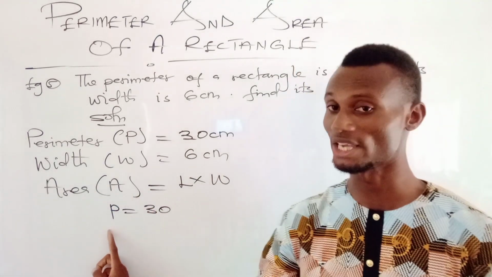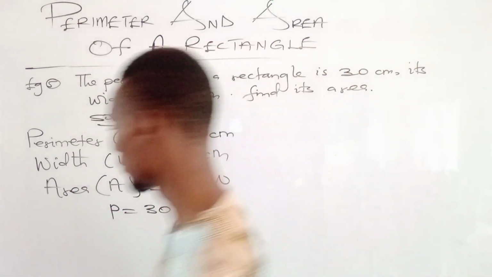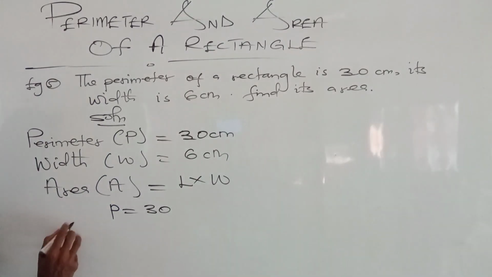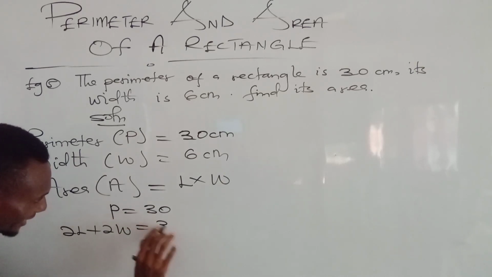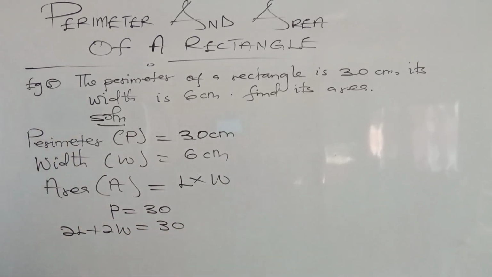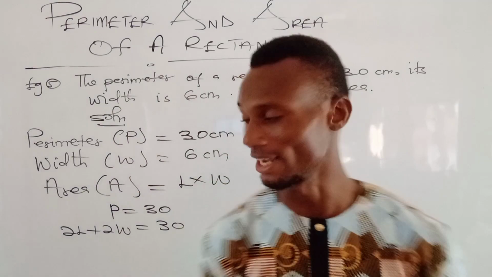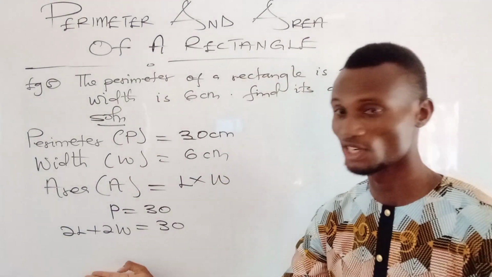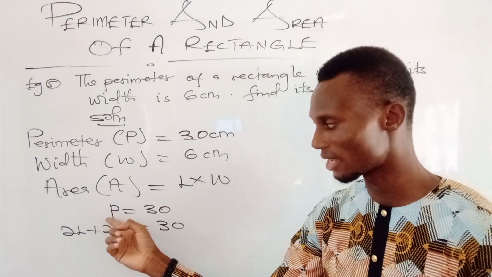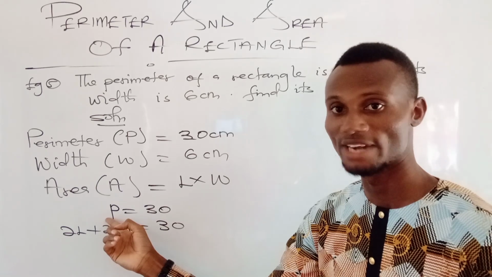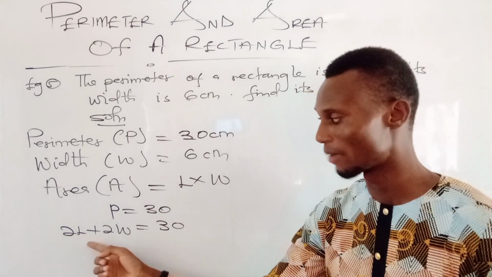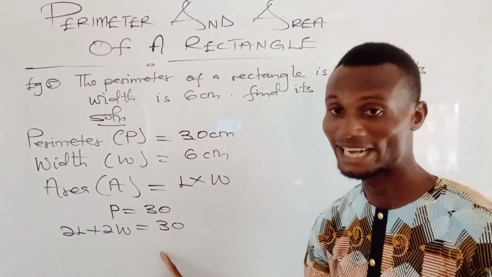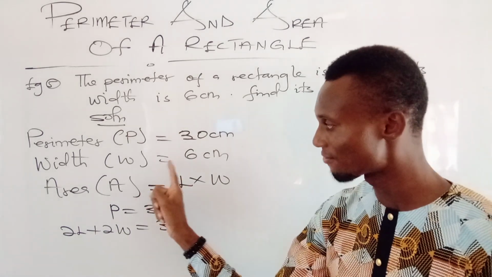So in place of P, I'll put 2L plus 2W, then bring your equals 30, which is there. I hope you get the explanation up to this point. So the P is the perimeter, and in place of the P, we put the formula for finding perimeter, which is 2L plus 2W equals 30.